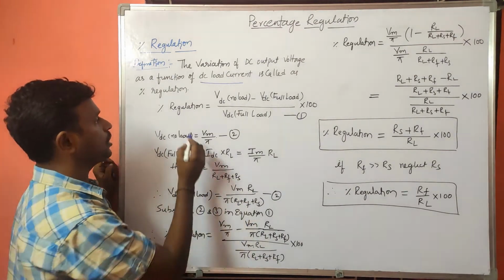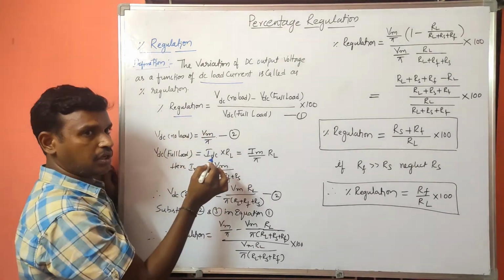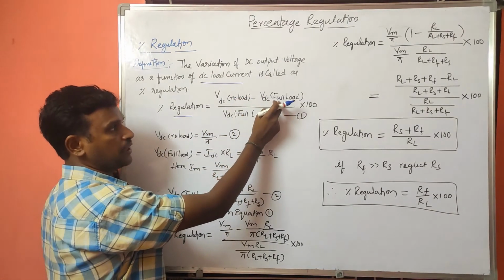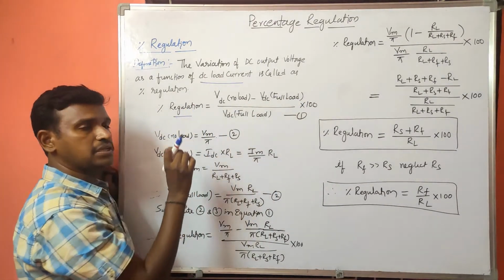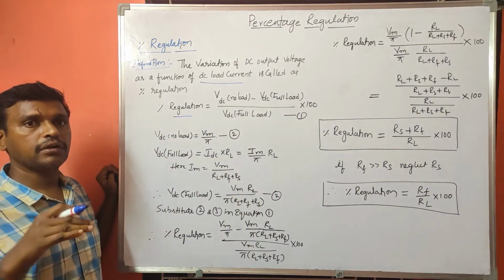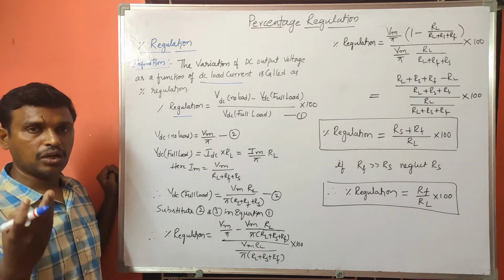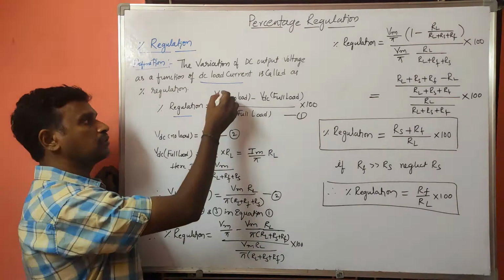Then the formula to calculate the percentage regulation is nothing but VDC no load minus VDC full load, divided by VDC full load. So what is full load and what is no load? No load means if you do not connect any load resistor, then what is the VDC value?